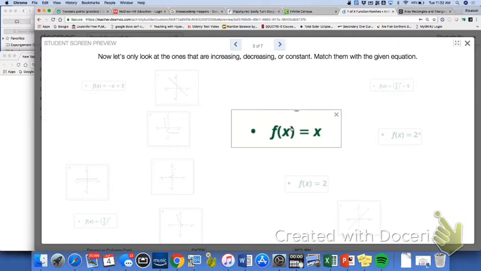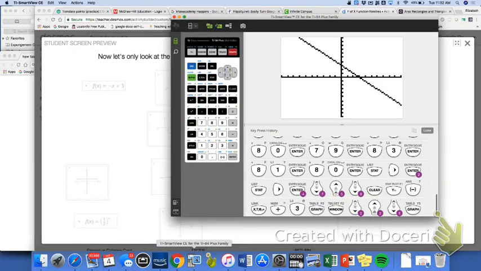I want you to try to put in your graphing calculator, f of x is equal to x. Based on what we just did, what do you think you're going to do? Find f of x is equal to x. And then out of the 5 graphs you have left, you should get one of them to be f of x is equal to x.